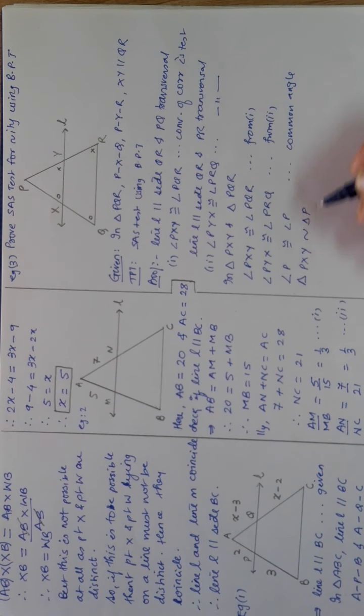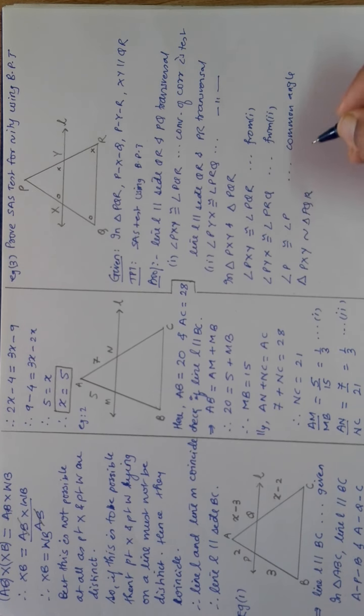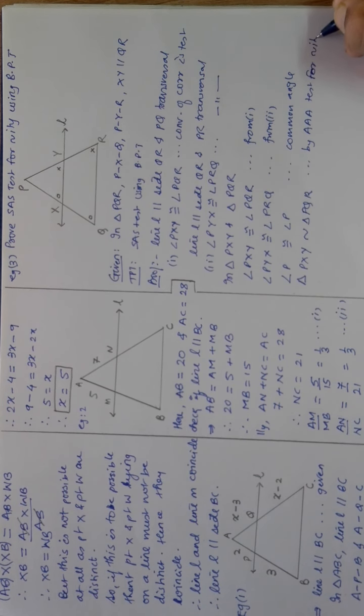P goes with P, as I have already explained earlier. Then Y goes with R, that is the third, and X goes with Q. That is, triangle PXY is similar to triangle PQR by the so-called AAA test for similarity. I am writing similarity like this, with a similar symbol. Now it is certain that these two triangles are always similar.